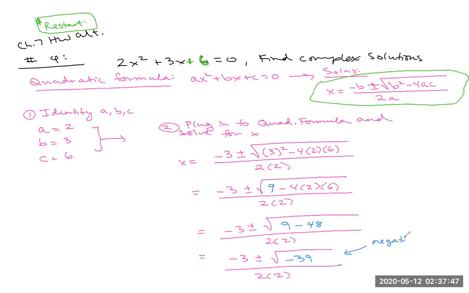A negative in the radicand tells us we have complex solutions. Okay. Let me save that. Do I have any questions, comments, concerns so far? Okay. So take a picture if you need it.